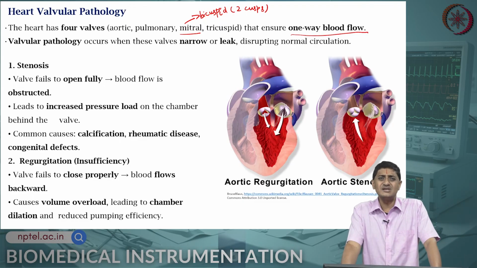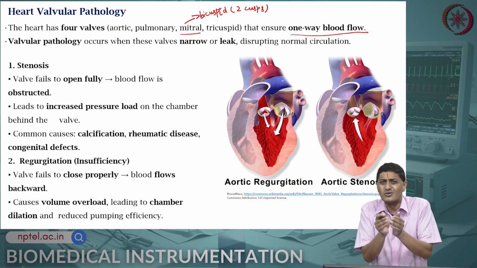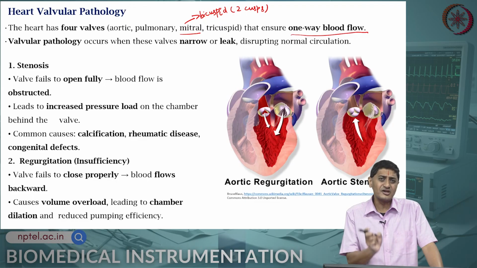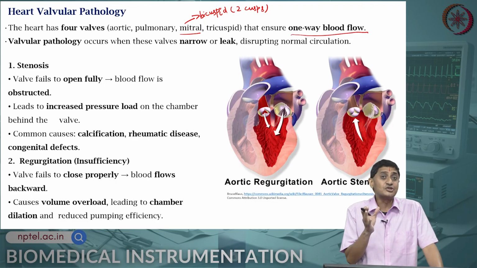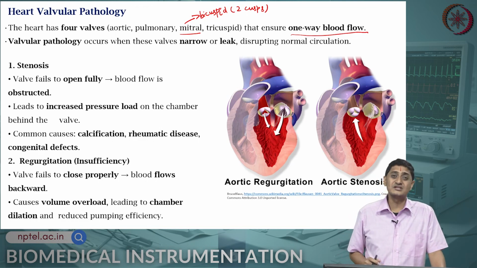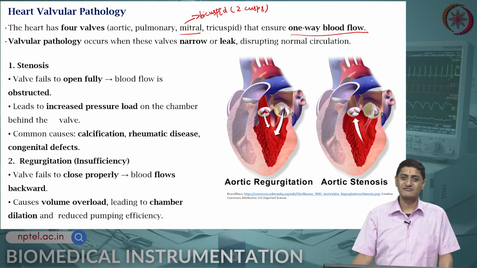Essentially pathology means when these valves either become narrow and allow less blood, or leak. When ventricular contraction happens, the AV valve should not open. If that happens, that leads to a situation in which blood flows back to the atria from the ventricle.